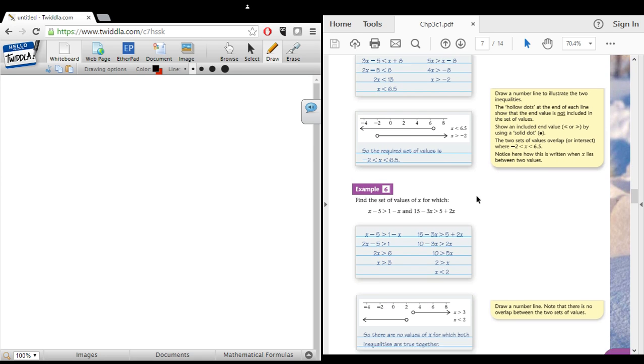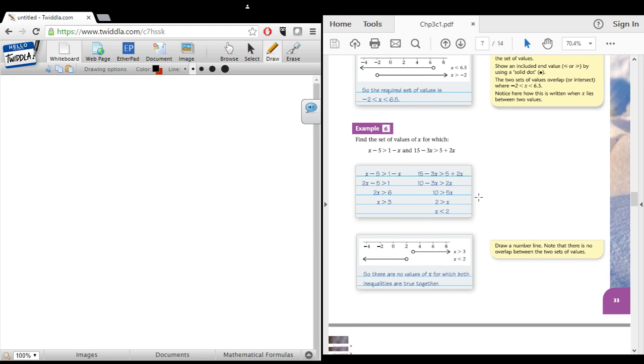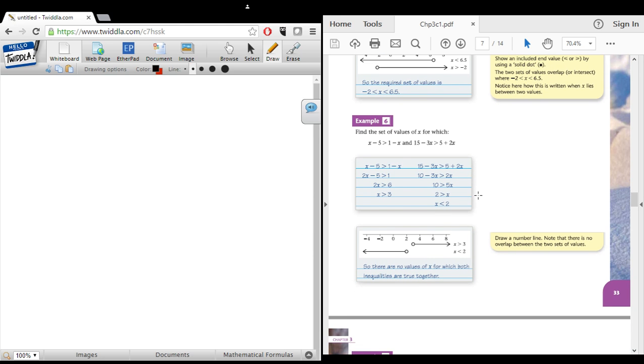Now you come on to the point where example 6 is asking you to find a set of values that respect these two rules, or in other words, that conform to these two rules. So find a set of values of x for which x minus 5 is greater than 1 minus x, and 15 minus 3x is greater than 5 plus 2x.